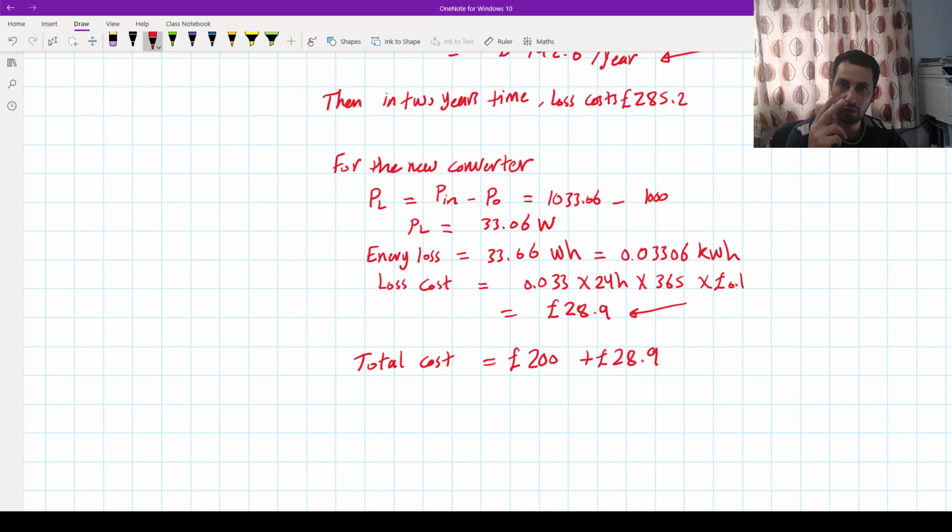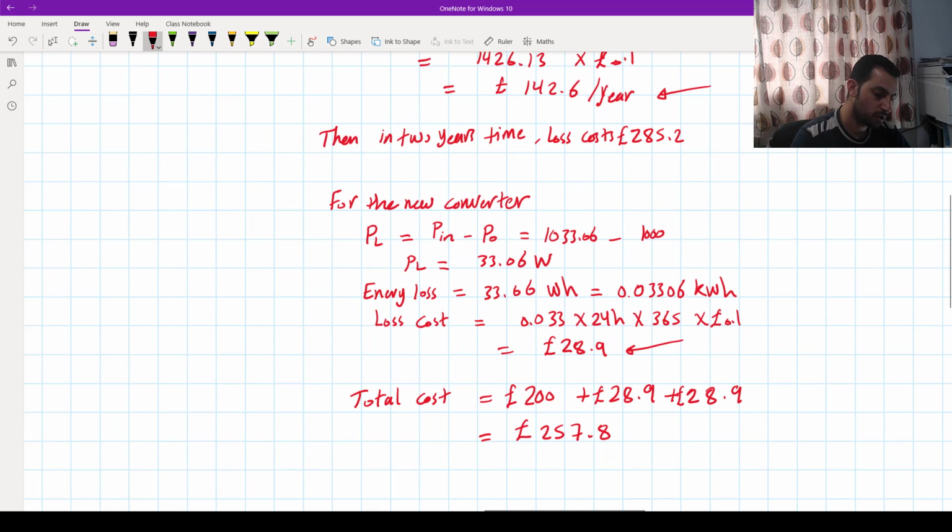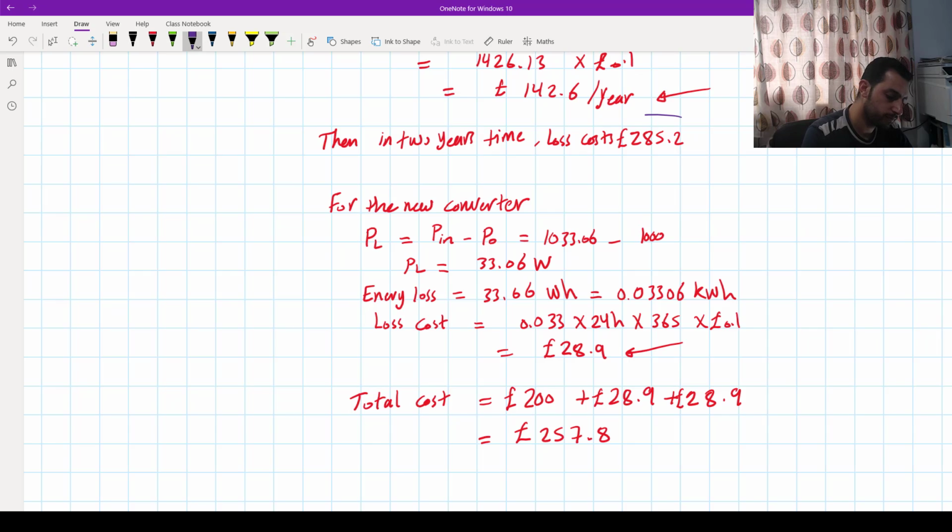And if we want to compute it for just 2 years, let's add another cost for another year, just to make it comparable with the first one, which we computed the losses for 2 years. So that will equal 257.8 pound.